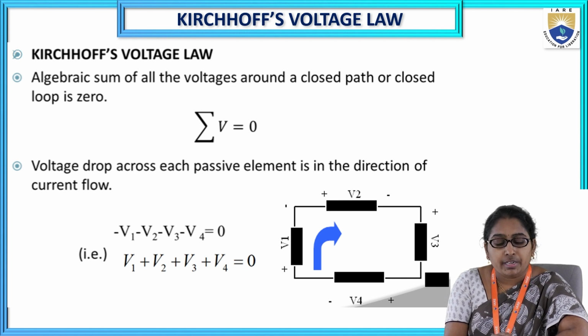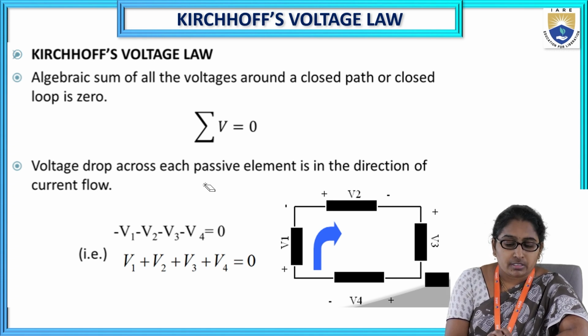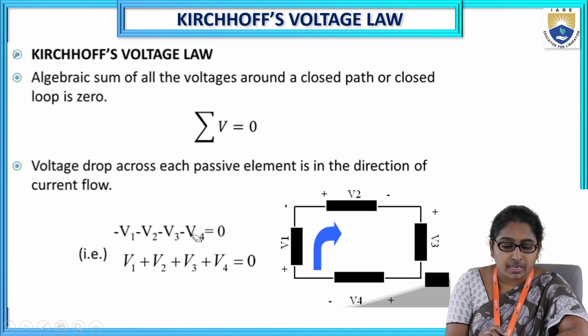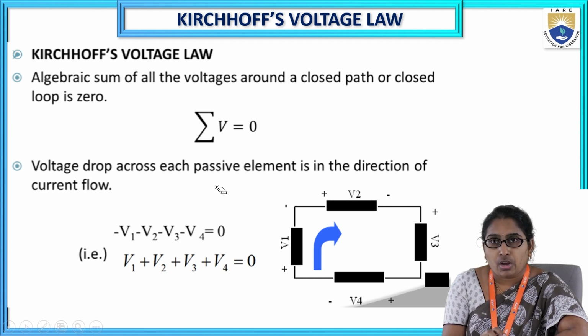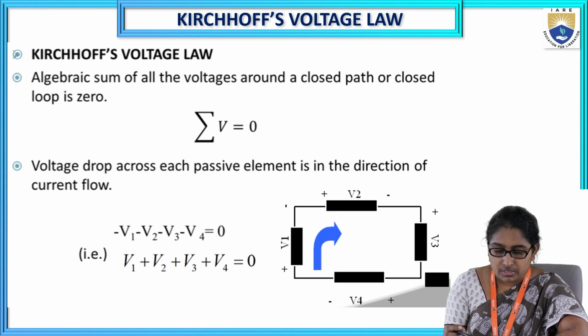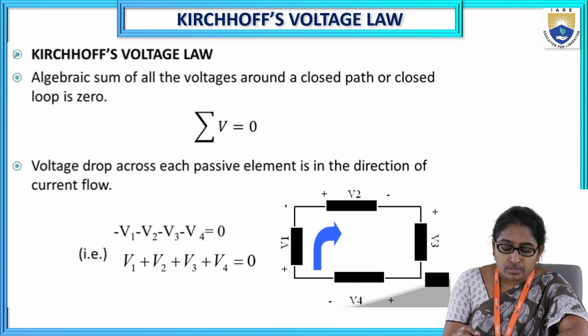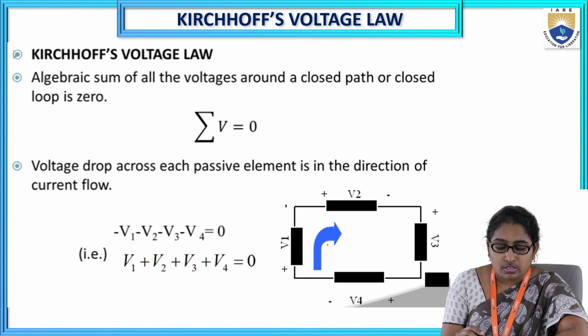Mathematically it is expressed as sigma V equal to 0. Now, let's see the sign convention for applying KVL, how they are taking it. We see the next slide to understand this.